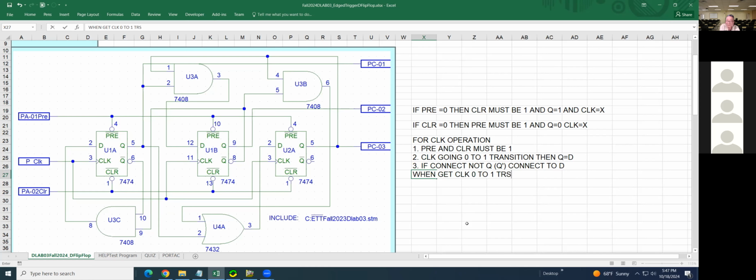Who can answer for me, when I connect the NOT Q back into the D? So what happened to that flip-flop?